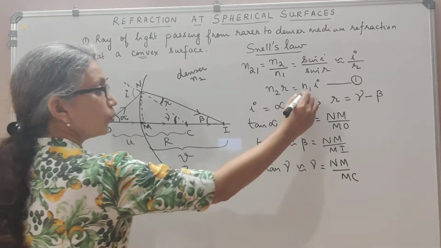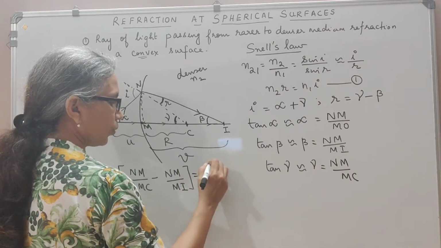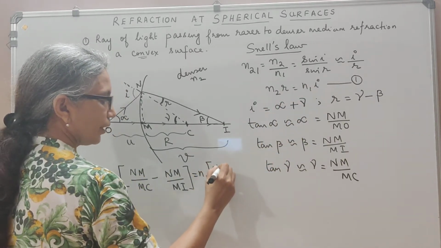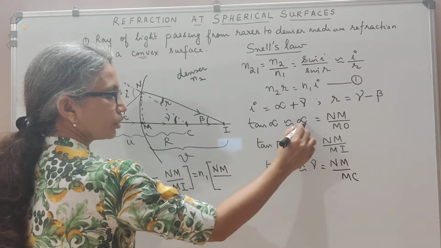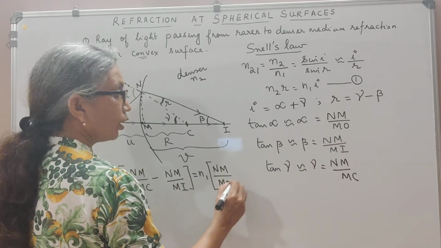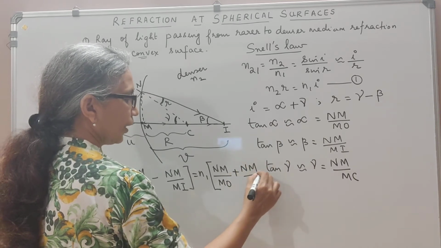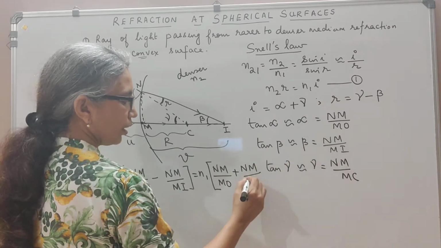Close the bracket. We have this equal to N1 bracket I. I is alpha plus gamma. So that will be NM by MO for alpha, plus gamma will be NM by MC.